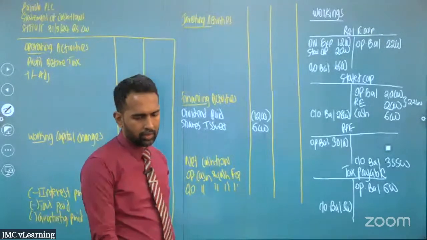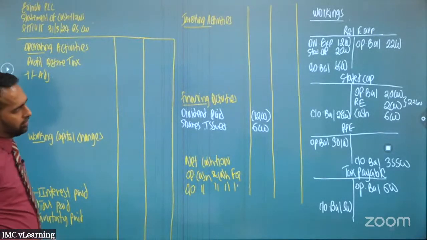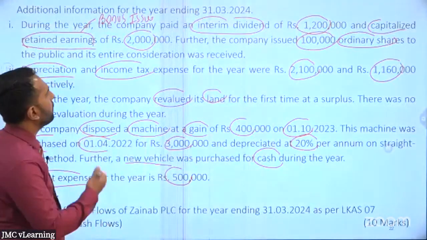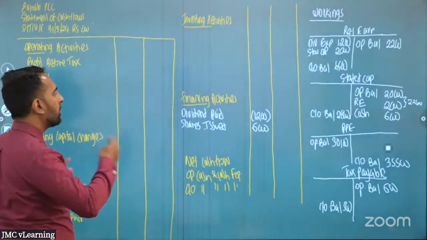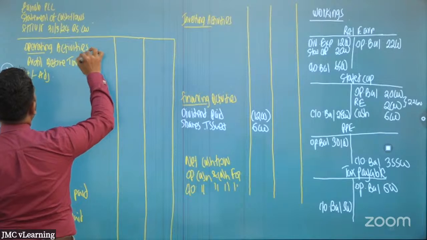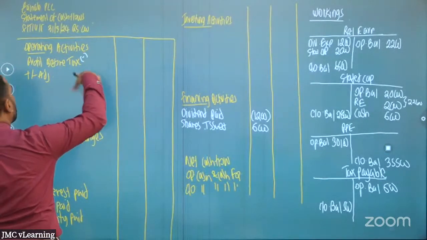Done? Right. Okay. Look at the next transaction, Lamai. Depreciation is 2100. What is the double entry? Debited to depreciation expense. So depreciation has been deducted at your PBT. In order to remove that, I have to add back.